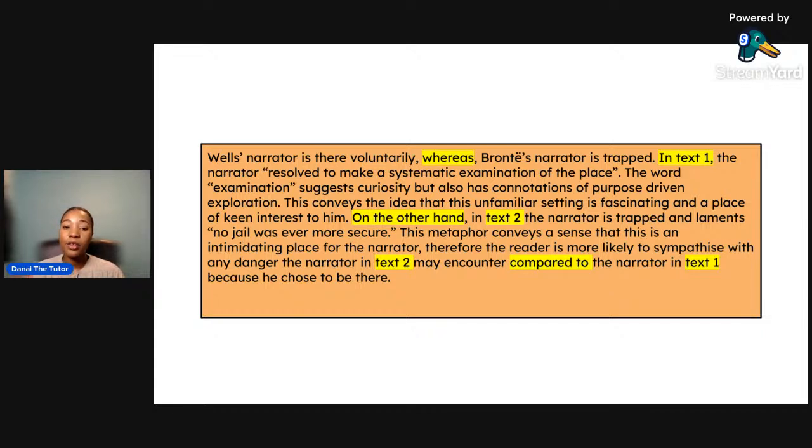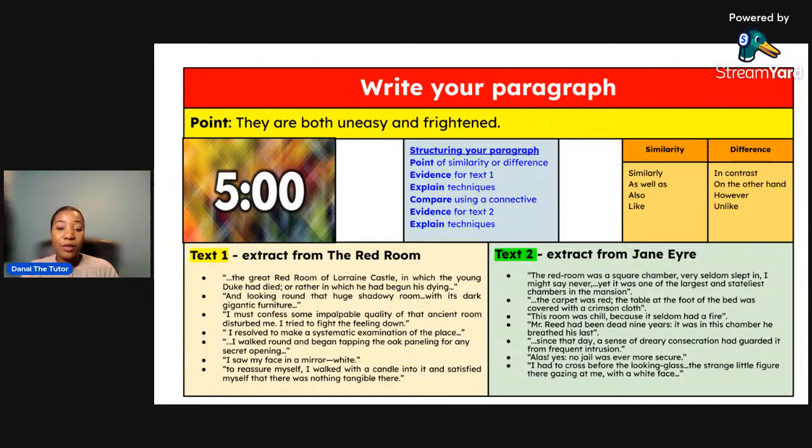You can see mine there. I talk about a difference indicated by the connective whereas, okay? So your first sentence should always be a comparison, whether you're talking about a difference or a similarity. That sets the tone for the rest of your paragraph to make sure that you are bouncing between two texts within the same paragraph, okay? So again, that's an example for that particular point that we've just looked at, okay? So we'll move on to the next point, okay?